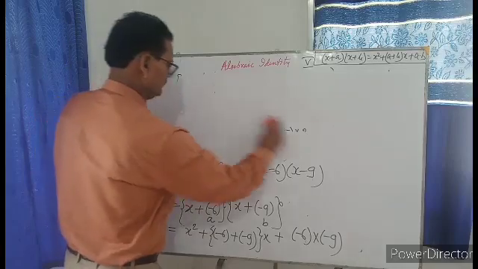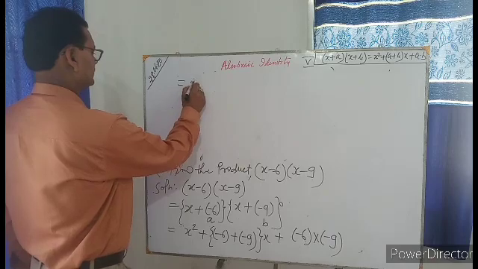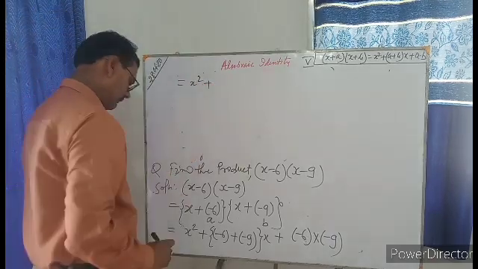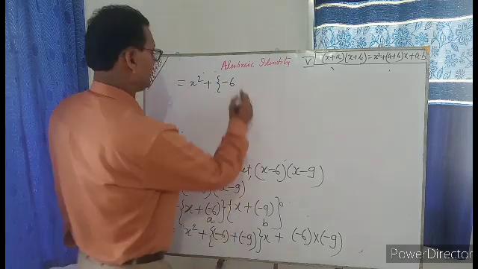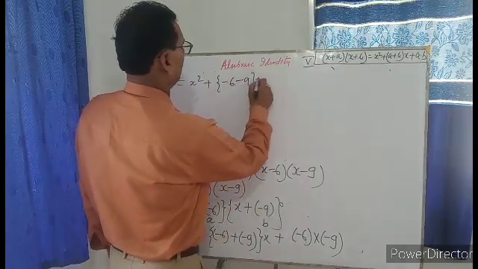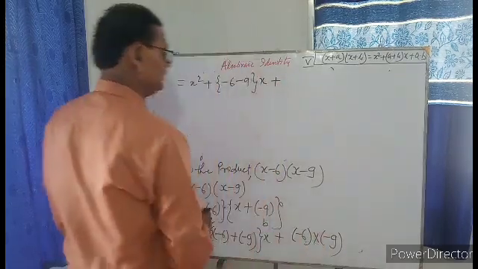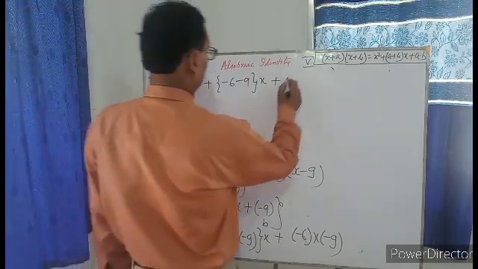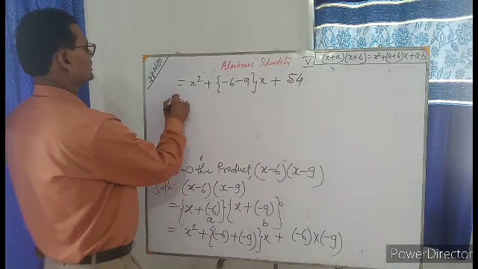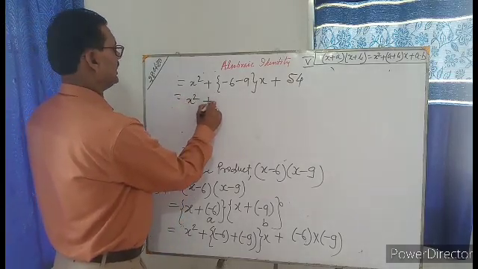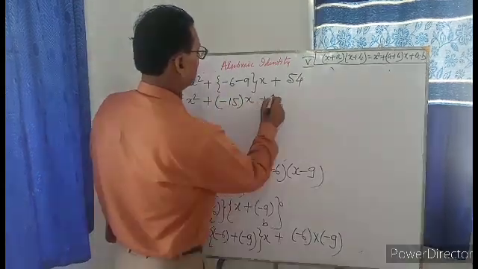It is equal to x² plus, here it is -6 and plus -9, that is -9x, and here plus 6 nines are 54. Okay. Now you may see it is x² plus -15 into x plus 54, that is x² - 15x + 54.